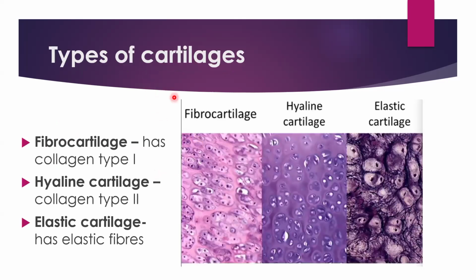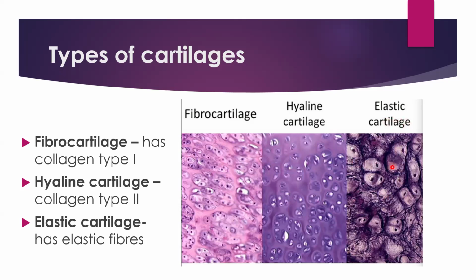The three types of cartilages. In this image, you can appreciate we have three types of cartilage. We're starting with fibrocartilage, hyaline cartilage, and elastic cartilage. At this point, you can appreciate that fibrocartilage is less cellular. You can appreciate hyaline cartilage is kind of uniformly distributed.